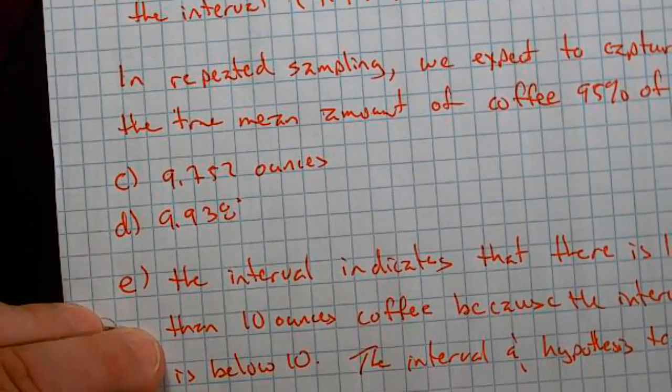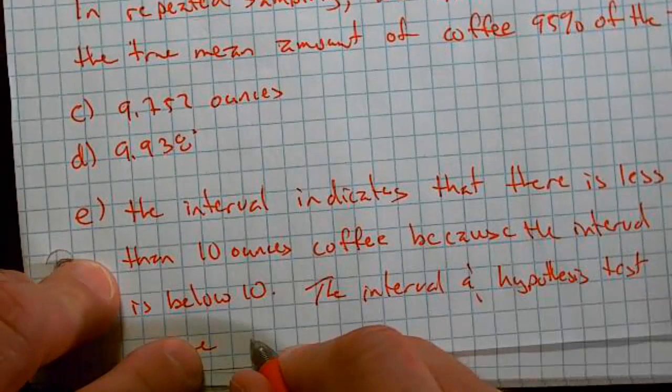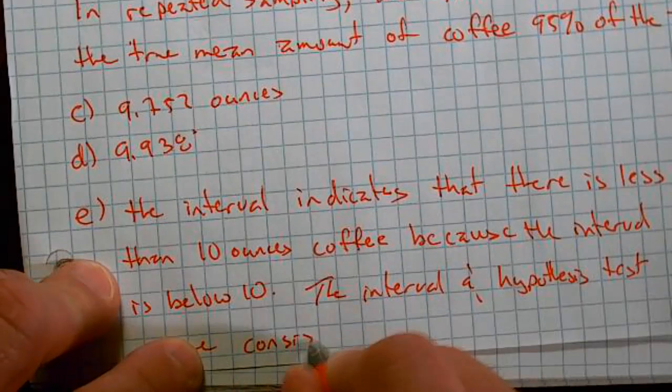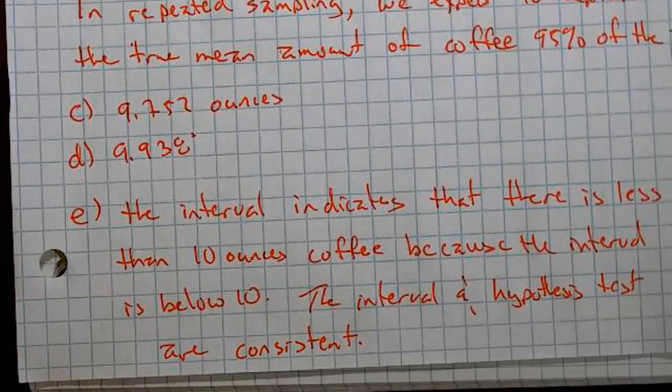The interval and the hypothesis test are consistent. All right, so the two of them agree. The interval and hypothesis test agree. All right, so that concludes the second one. And the next video will have the third question.